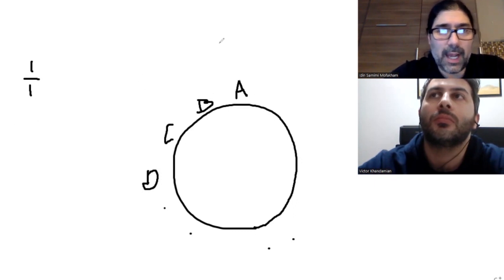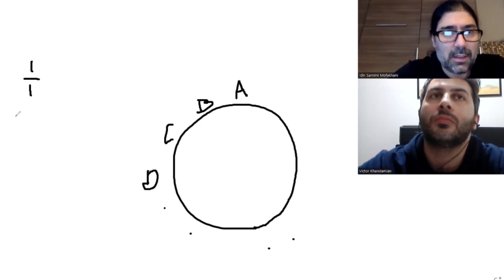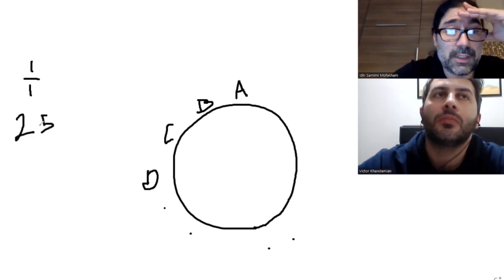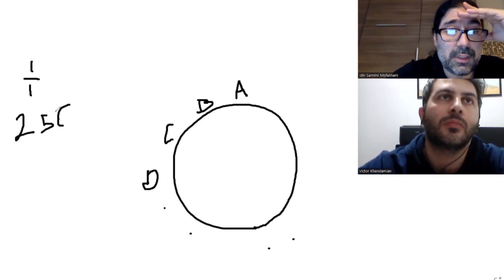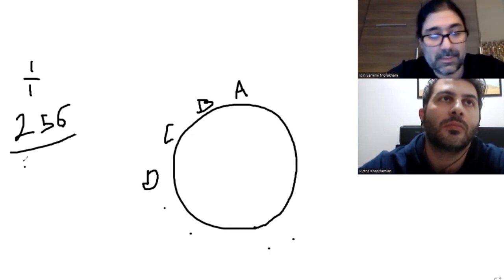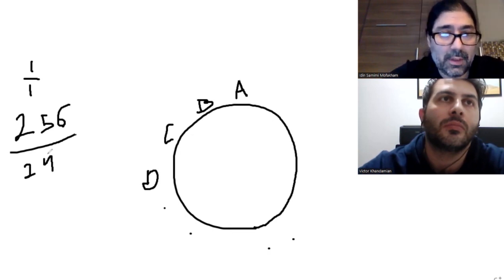Each of these has its own ratio. For example, A is 1 to 1, B is, let's say, let's make a very easy scale, 256 over 243, and so on.